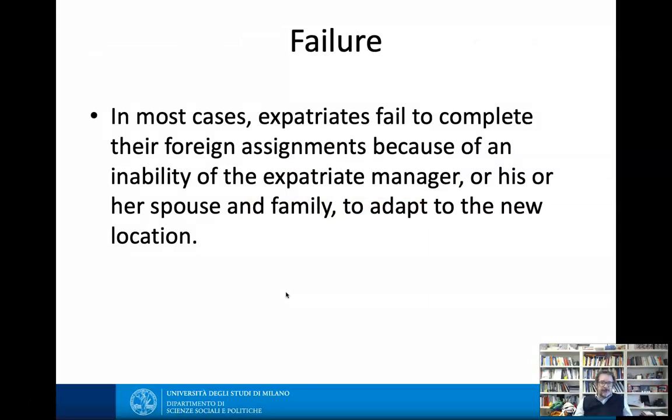Most of the time, the failure seems to be connected to the family, not to the manager per se, because after all, you are on a very interesting new role, so you're very much committed to performing well. But for other people, it's a different story, and they might not be happy with that different story.